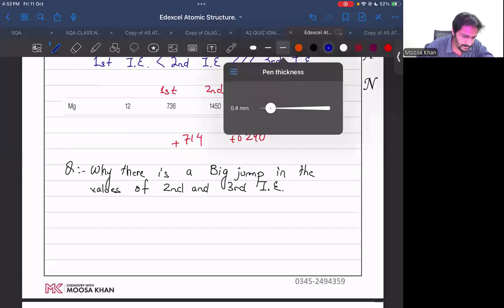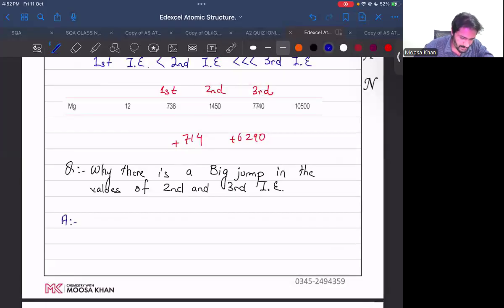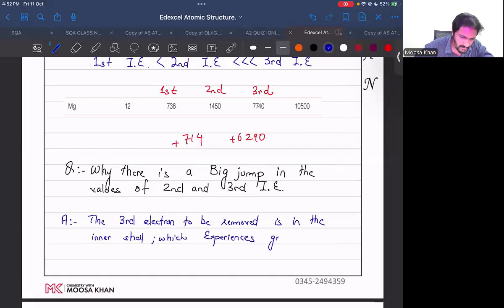And this is due to the third electron to be removed being in the inner shell, which experiences greater shielding effect.